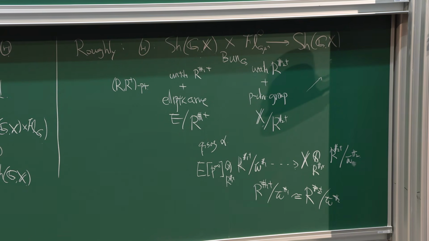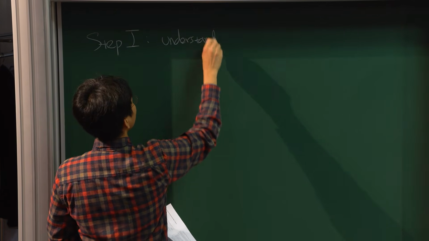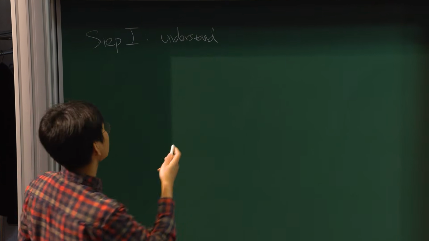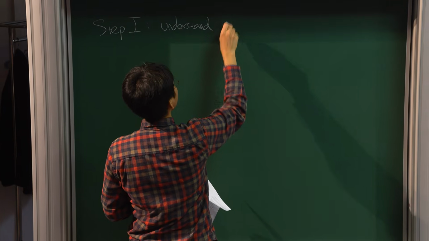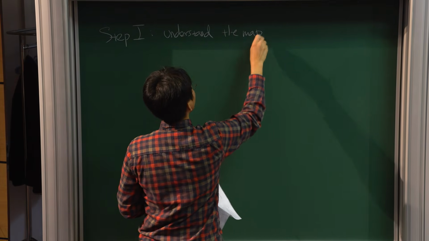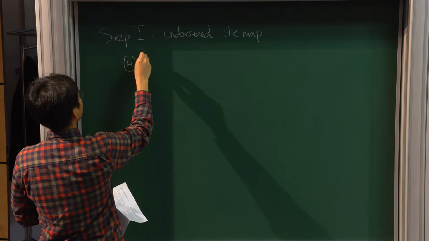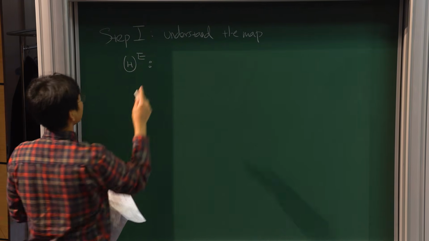So step 1 is to understand, and by understand I mean prove uniqueness of the map theta over E. What is that?